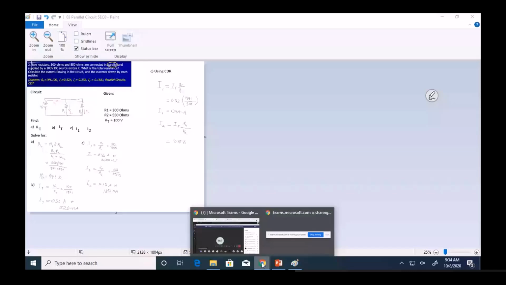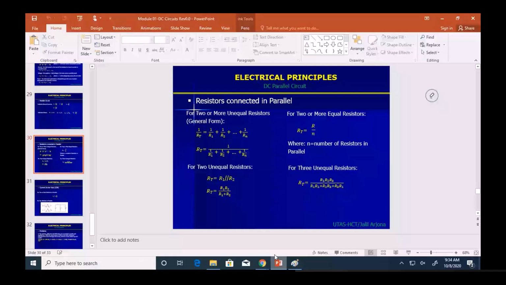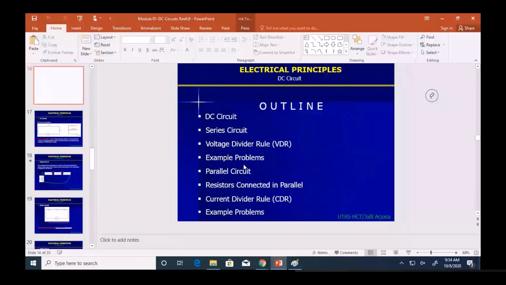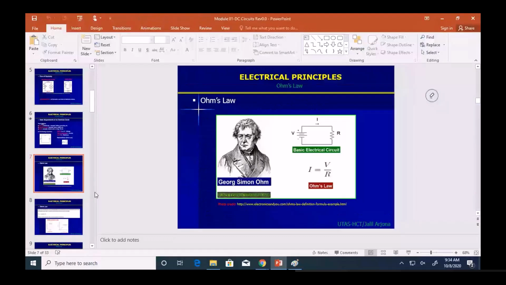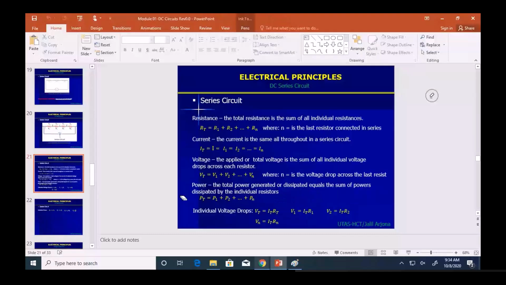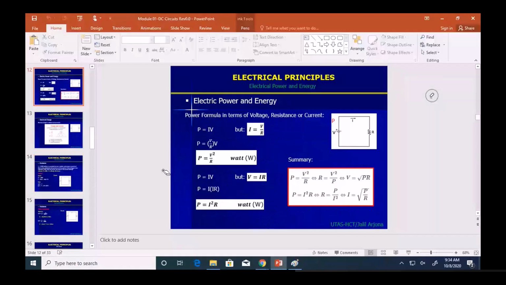If you have no more questions, anyway, this module 1 will be available. It's already in the e-learning. You can download that one in the e-learning under electrical principles. So please study module 1. Complement your study with the handout of the electrical principles. They complement each other.